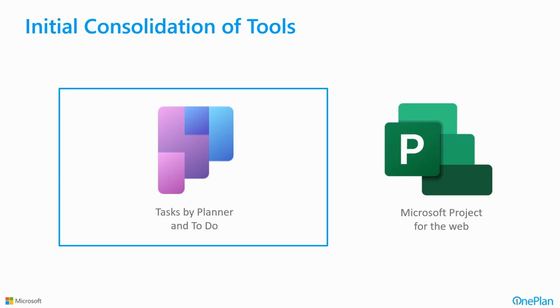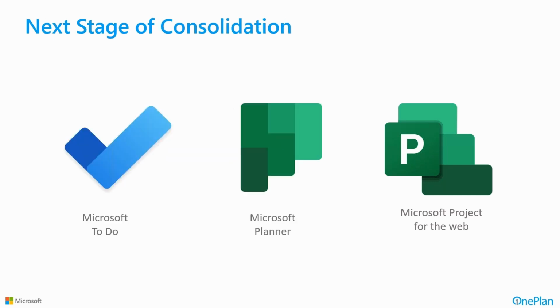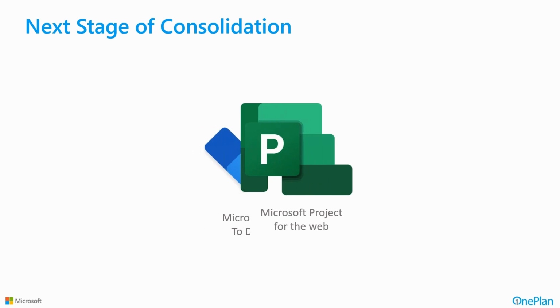scheduling capabilities. Now, the next stage of consolidation, and that's what was just announced at Ignite by Microsoft at their conference just here in November. In this particular case, this next level of consolidation is basically going to combine them all.